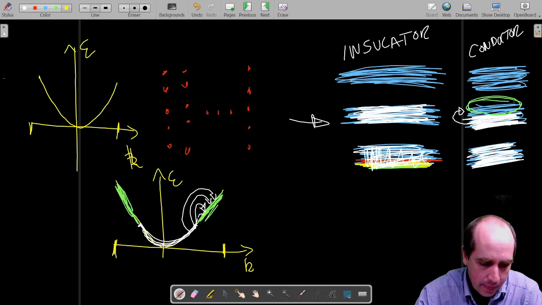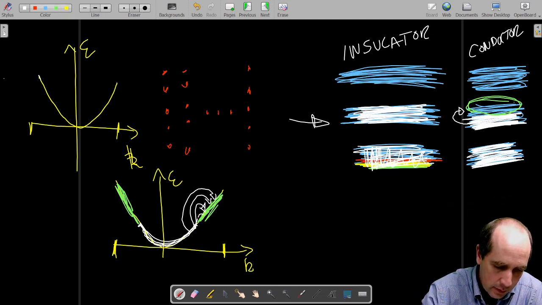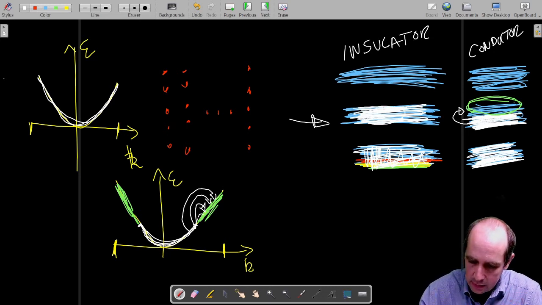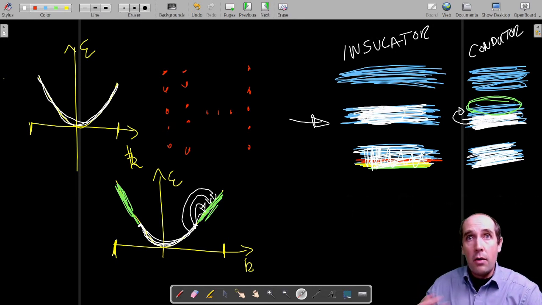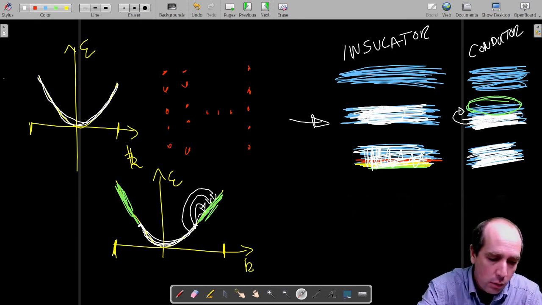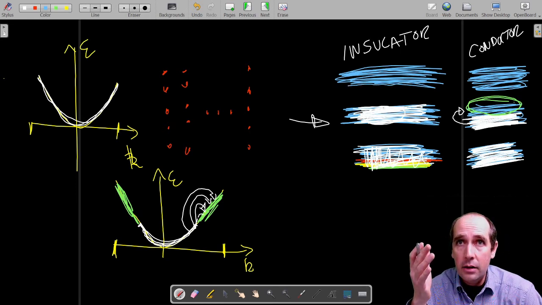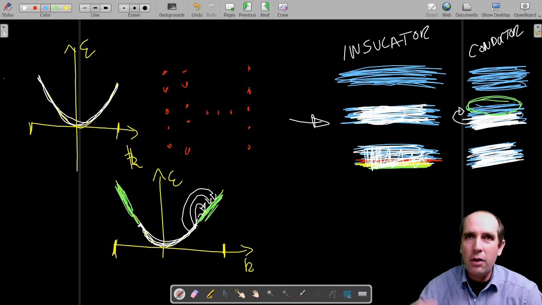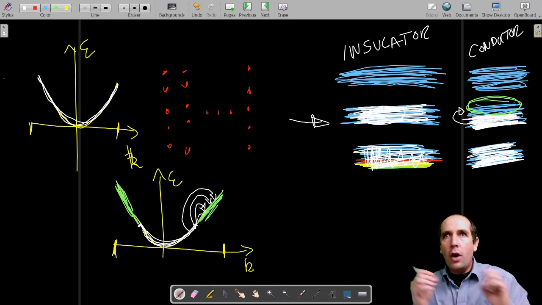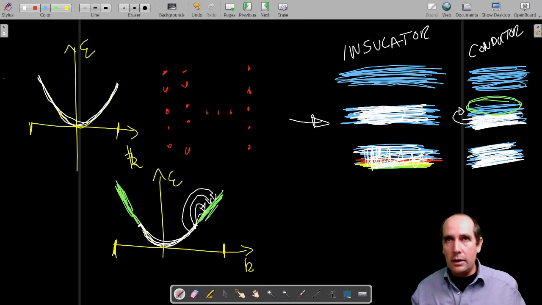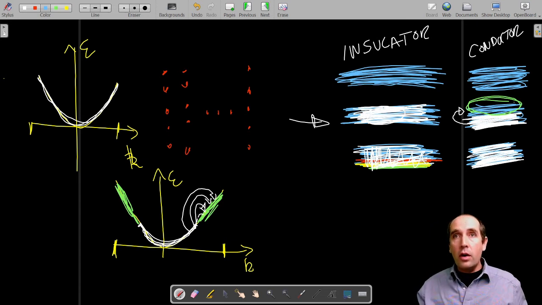And if all of these states are occupied, just like we have over here, in order to be accelerated, what we would have to do is to occupy a level with not just slightly higher, but much higher energy. So instead of just being able to slowly and softly accelerate the electrons, we would have to give them a very strong kick to promote them to a different band.